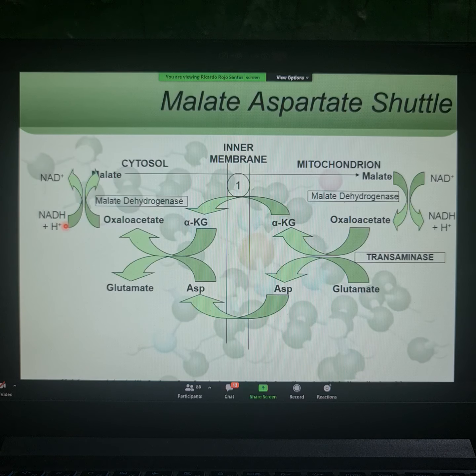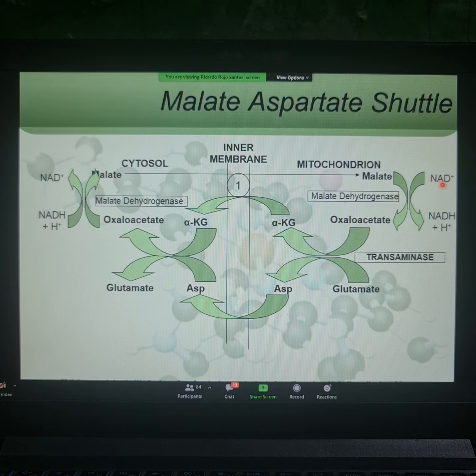And in turn, NADH becomes oxidized to NAD. Then, using the malate aspartate shuttle, malate will pass through the inner mitochondrial membrane using an alpha-ketoglutarate transporter. Number 1, alpha-ketoglutarate transporter. And so malate is now in the mitochondria.